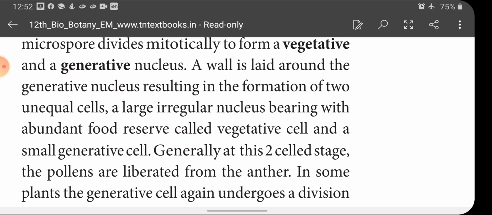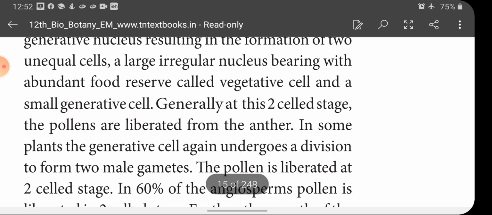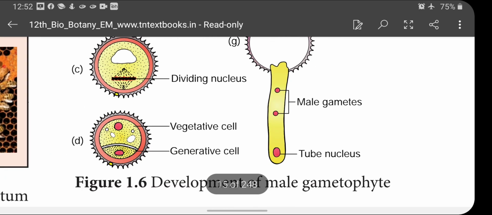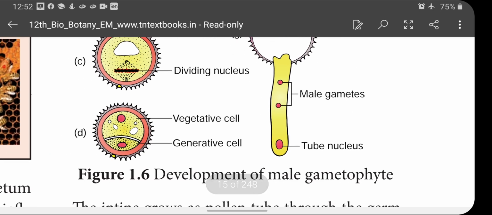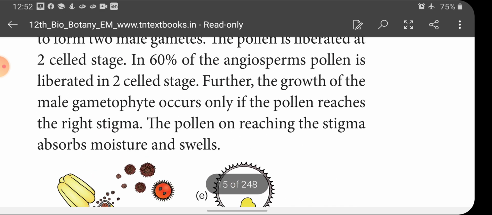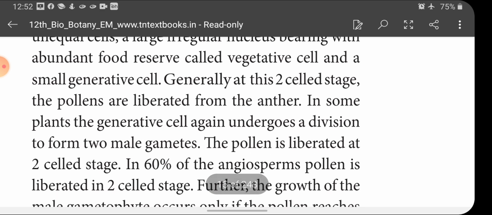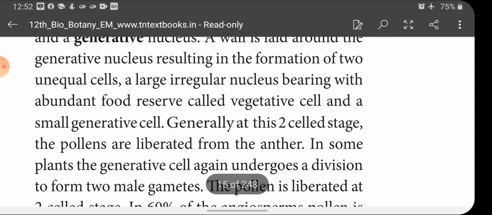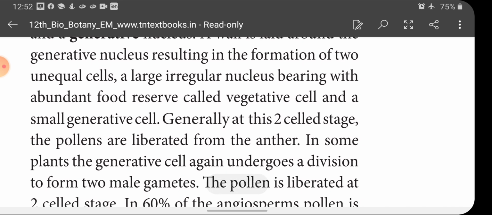A wall is laid around the generative nucleus, resulting in the formation of two unequal cells. If we see figure D, a wall, shown in white color, is formed around the generative cell. Because of that, we can see two unequal cells in the pollen grain. Because of the wall formation, the generative cell and the vegetative cell are of unequal size.